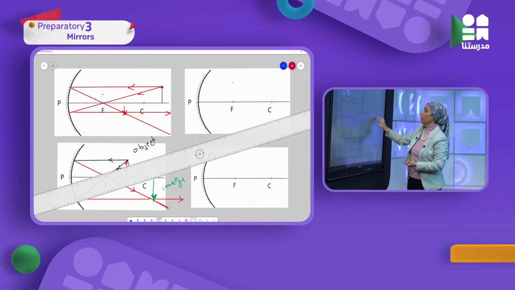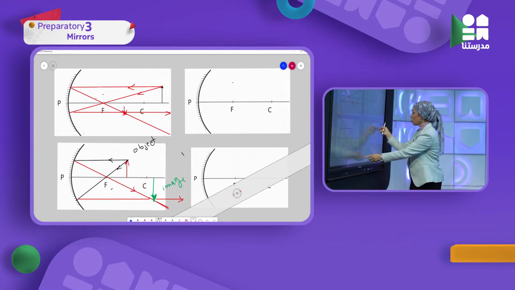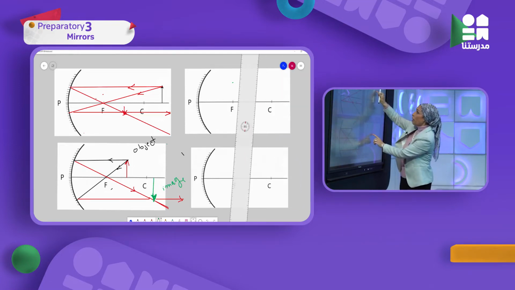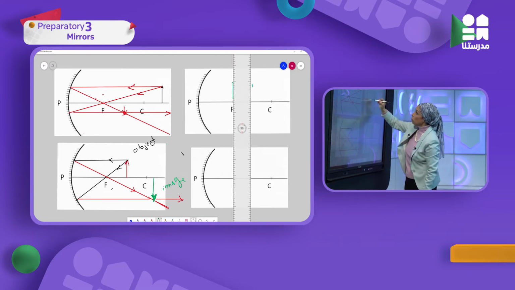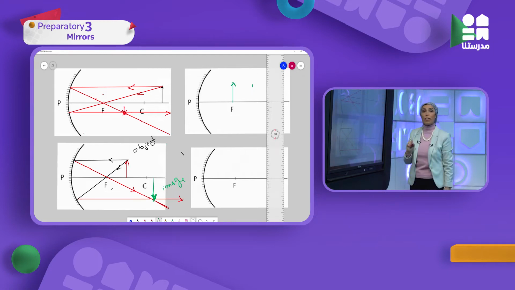Let's go together. Here I said if I put the object, which is a somewhat strange case, if I put the object on the focus. Come on, let's put the object on the focus. Here the object is on the focus. Then I start to make the two rays.